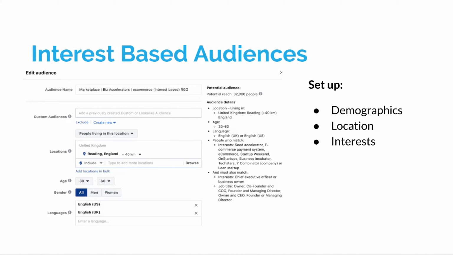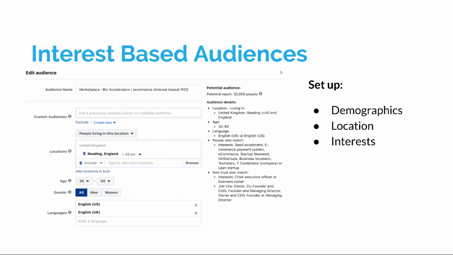So Facebook, as you start putting in these details, gives you a potential reach on the right hand side, and when you start adding interests, the reach goes down and down, so you're narrowing the audience down to a smaller group of people that will actually be interested in the product that you're selling.